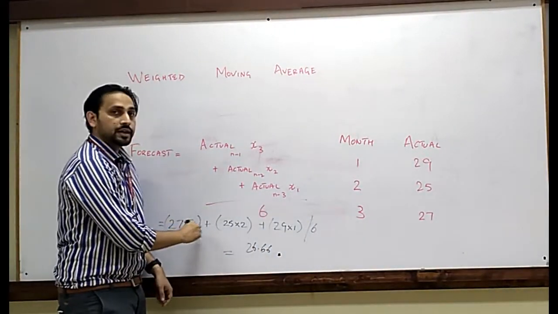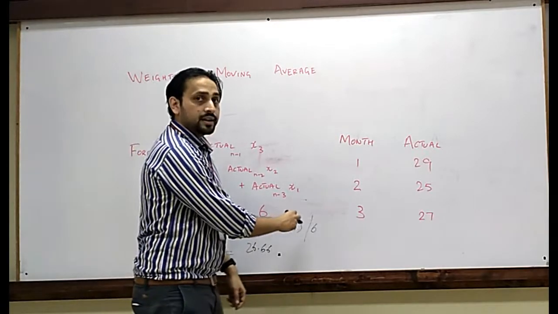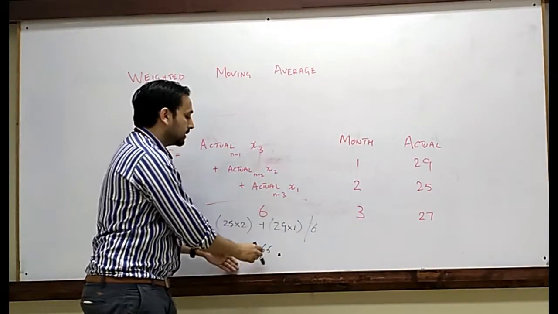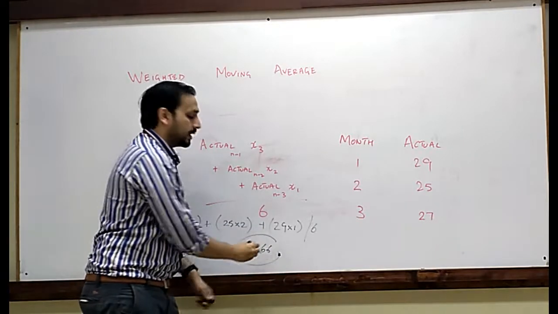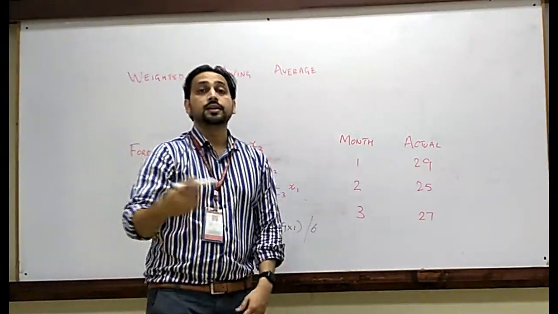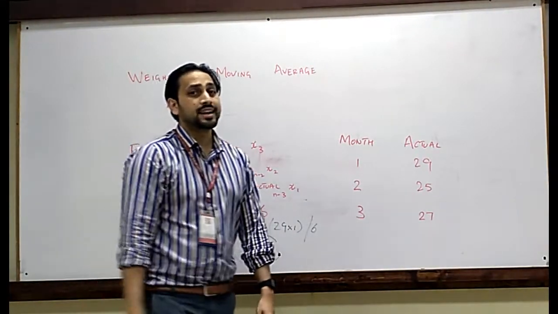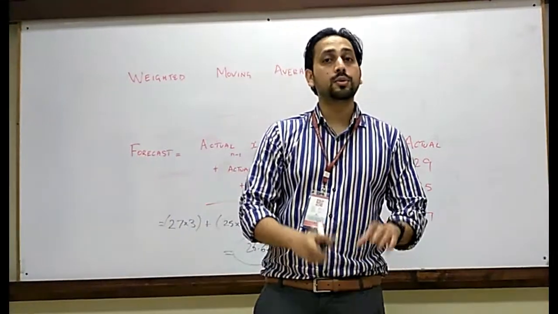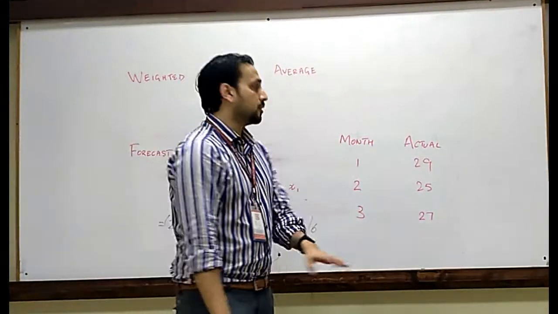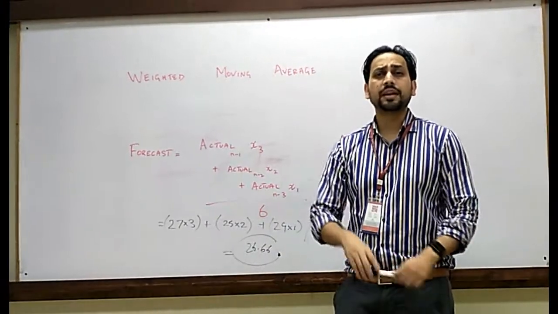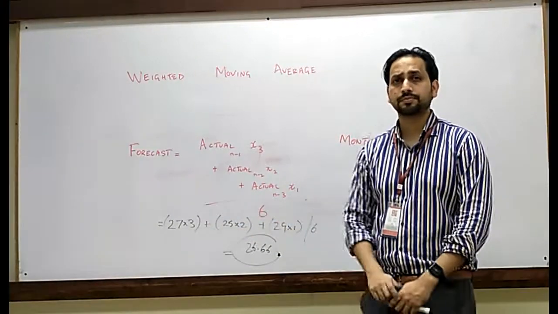So 27 into 3, 25 into 2, 29 into 1, and the total weight is 6. So when we divide this, we get the demand for the fourth month, which is 26.66. Again, this method is also used only in the short run and is not used in complex settings. Many small scale companies can use it.